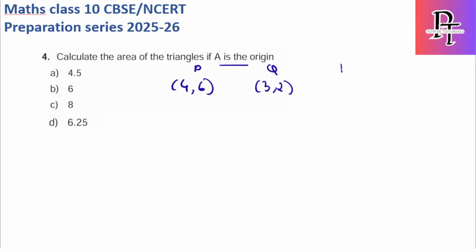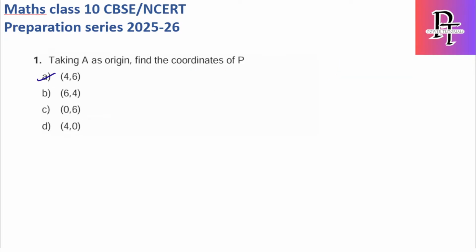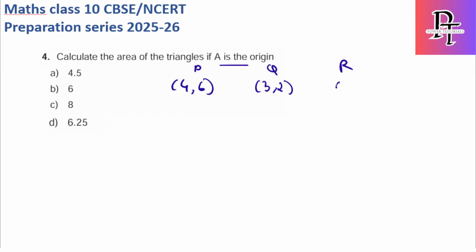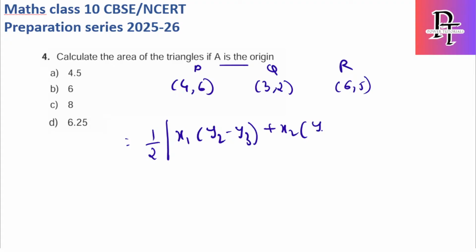What about R? R is (6, 5). So let's substitute into the area formula. Area formula is 1/2 into mod of x1(y2 minus y3) plus x2(y3 minus y1) plus x3(y1 minus y2).